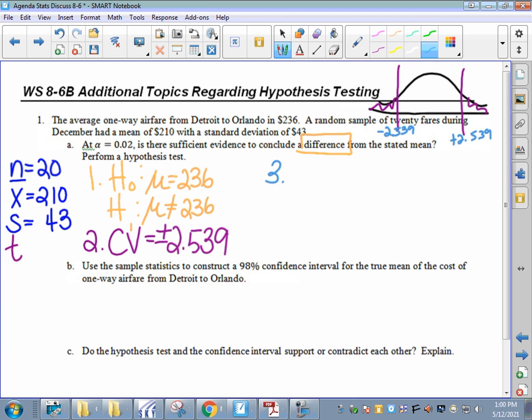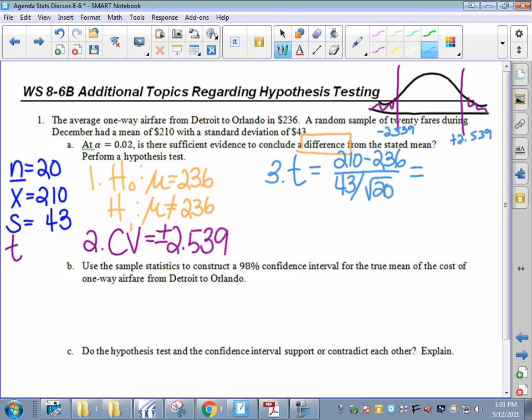So to find my t-value, t is equal to x bar minus mu, so 210 minus 236, all over s divided by the square root of n, so 43 divided by the square root of 20. Check your calculations. Make sure you get the same answer.